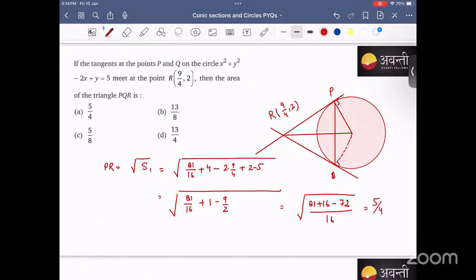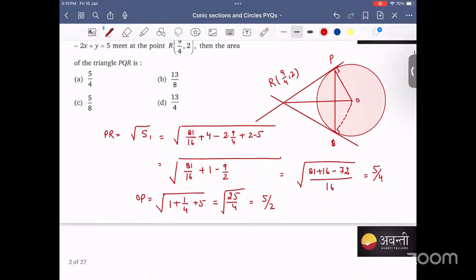You got it? Now, OP. OP also I have as the radius of the circle, that is under root of 1 plus 1 by 4 minus minus plus 5, g square plus f square. So 25 by 4 root, that is also 5 by 2.